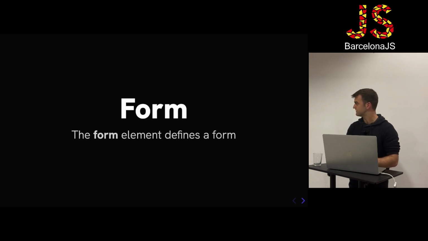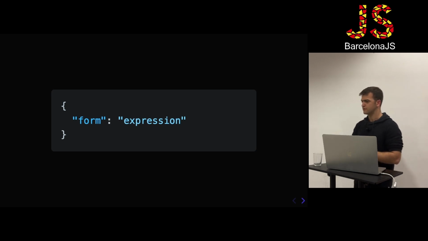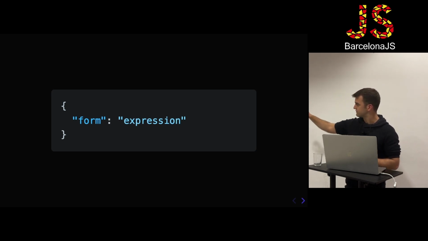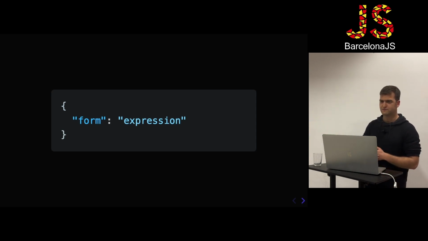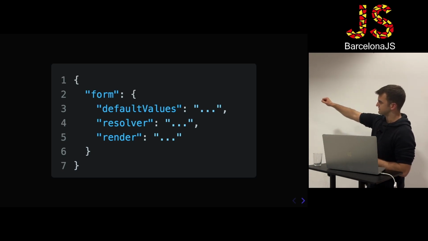The form element is used to define a form. So we define the form using the following syntax, just an object with the form key and an expression. It has to be a Mongo expression, the ones I talked about before. And this expression needs to resolve to an object with the following properties.